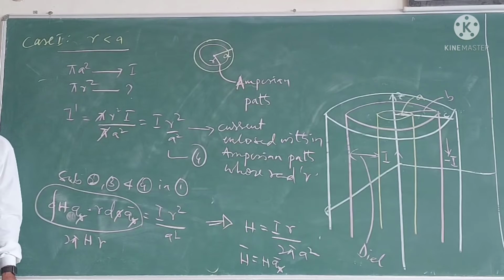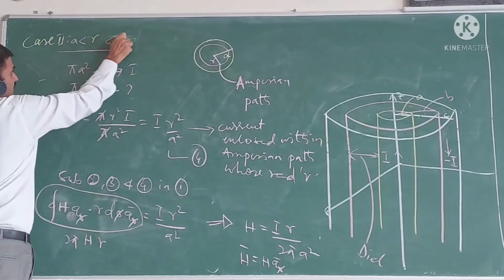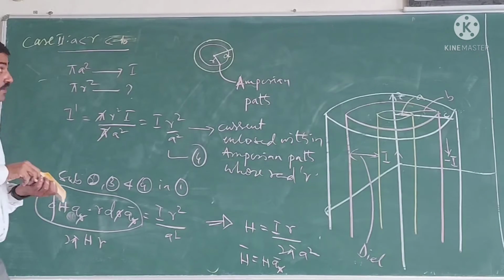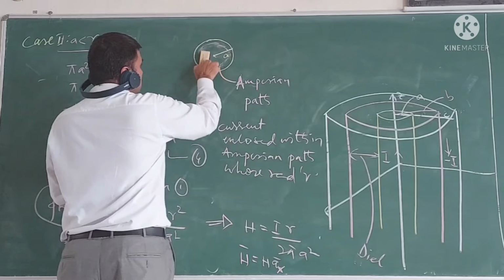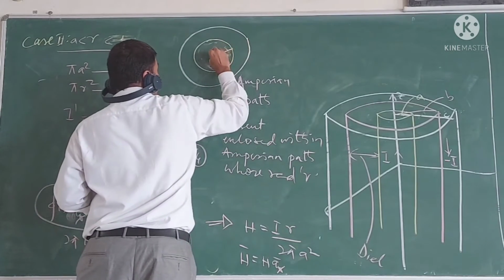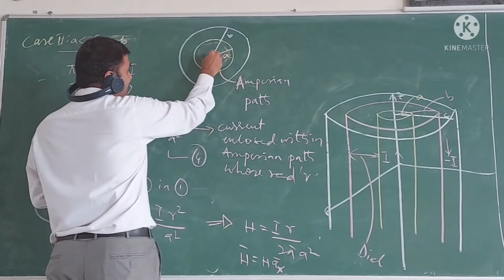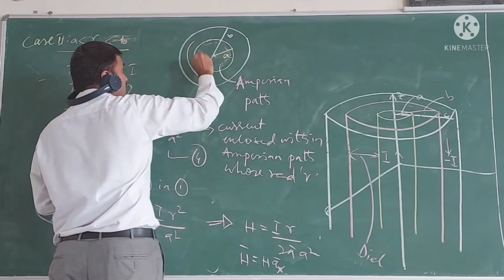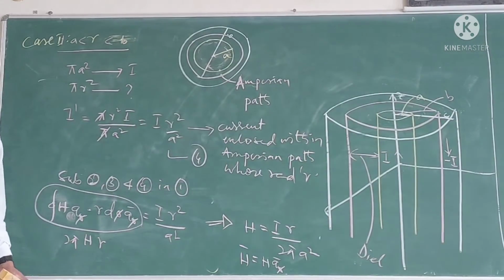Then case 2. R greater than A, less than B. This is your inner conductor, and this is your outer conductor whose radius is B, and this radius is A. What is the Amperian path radius? This is your Amperian path.